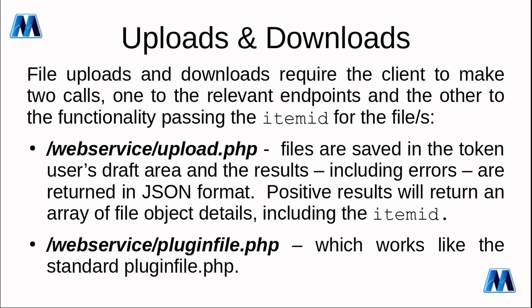Positive results will return an array of file object details, including the item ID, and that's the important one, because when you go to the next call, you pass the item ID, and then the file can be found and moved into the file area. This works very similar to what we did with the audio feedback plugin. Okay, and then the other way would be to call webservice/pluginfile.php, which works like the standard one. This is to deliver the files.